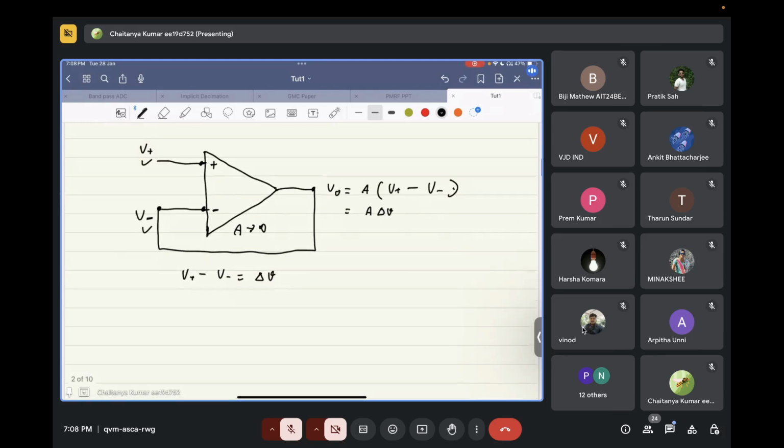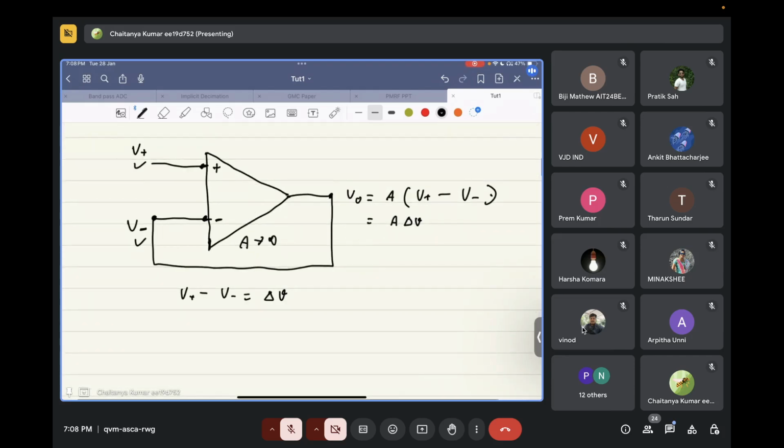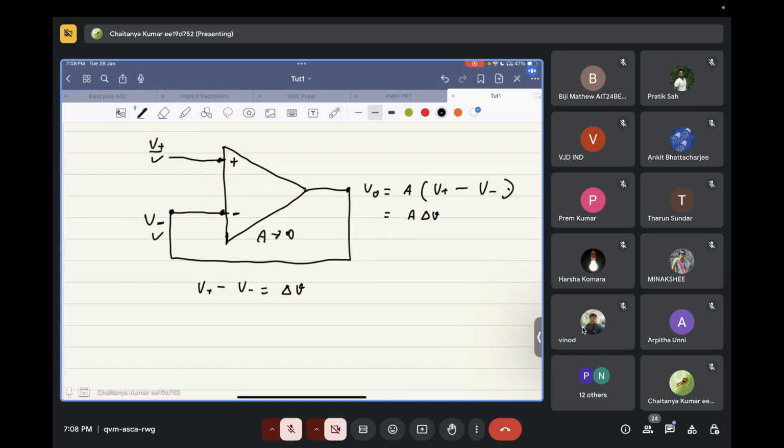In this case, let's say V plus increases by some delta V. Initially, V minus is at the same voltage as it was earlier, and V plus tries to go to an incremental voltage of delta V. What will happen is that the output of the op amp will suddenly increase, correct?